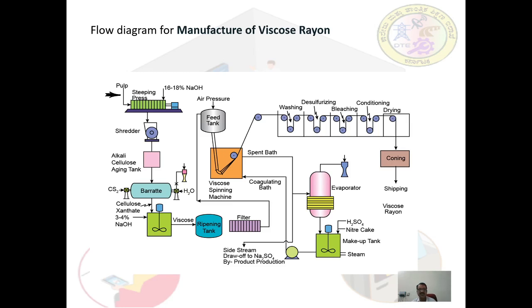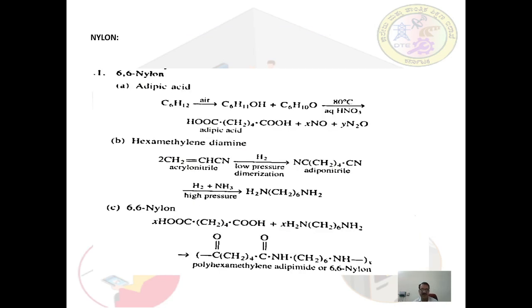So this is how the viscose rayon or regenerated cellulose is produced. Next we will see the production of nylon. In nylon there are two types, nylon 6,6 and nylon 6. First we will see nylon 6,6.